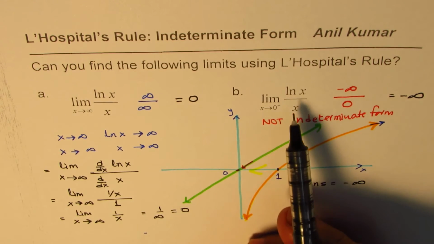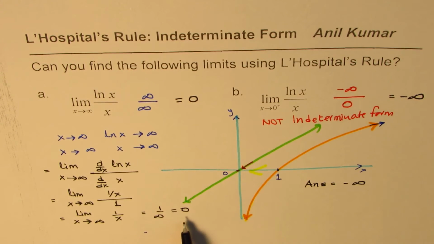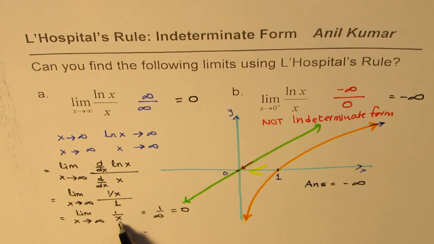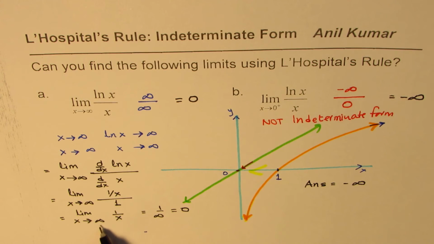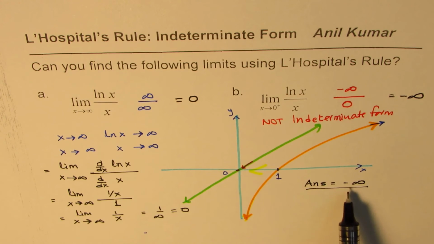However, you cannot apply this rule. If you find the derivative of both, you might get positive infinity, because you do all this math, and then if you substitute 0 here, you get 1 over 0, which would be positive infinity. In fact, you see that the answer is truly negative infinity.